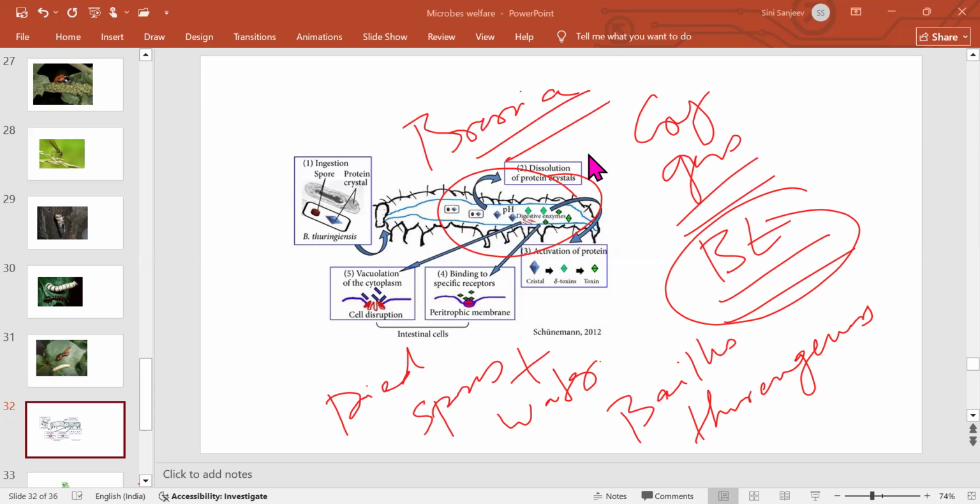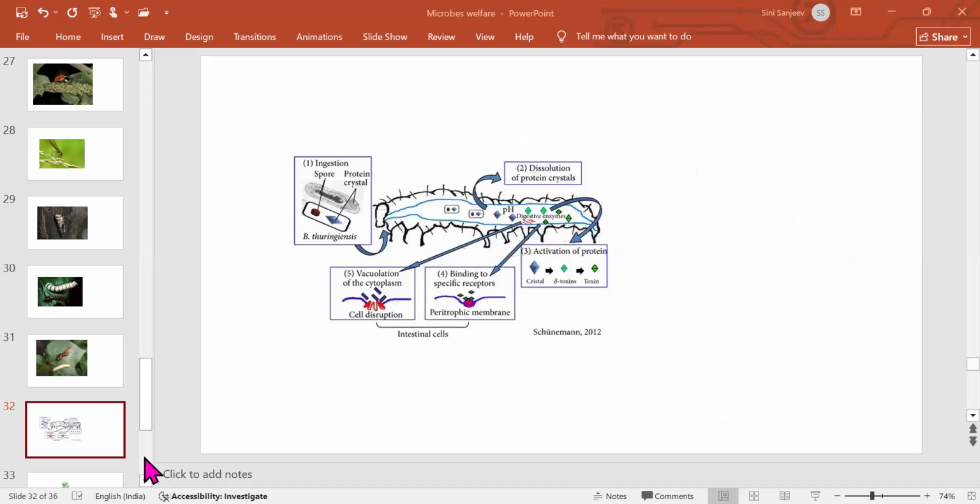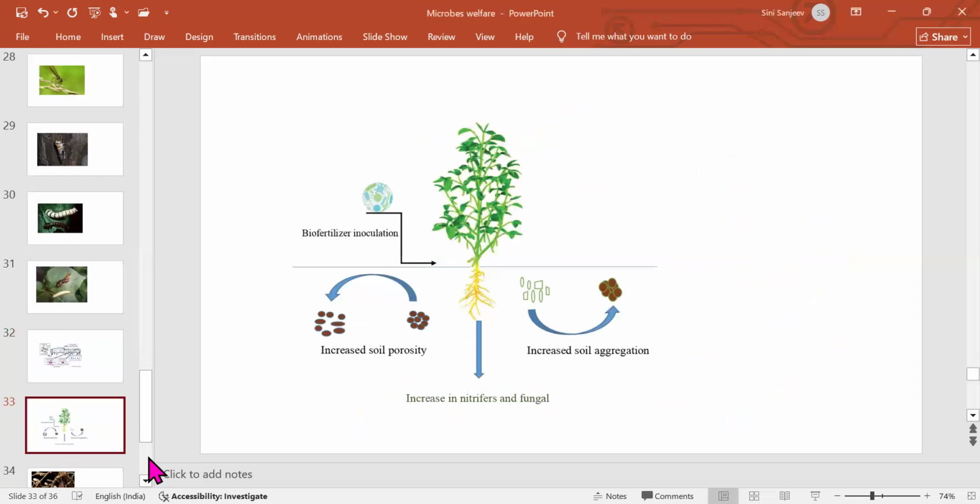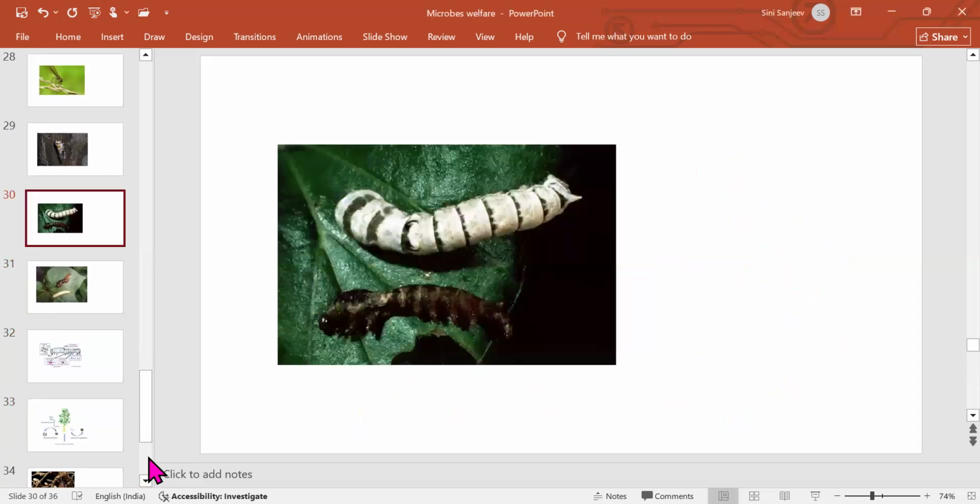So the caterpillar starves itself because it cannot eat anything, and it will die. This is how the BT cry genes work when they enter the caterpillar. This is how the caterpillar is killed. It cannot further affect your field crops. So this is how it happens.